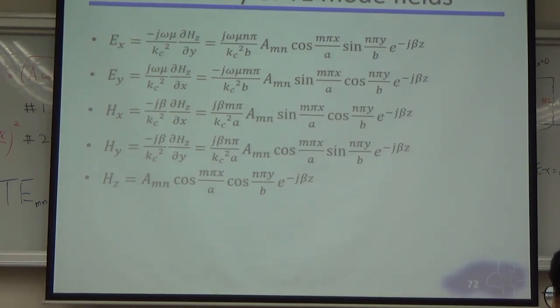Then you know your total E field is these 3 terms. For the TE mode, you don't have this term, so it's 2 terms. And the H field is the summation of these 3 terms. And those are the answers.